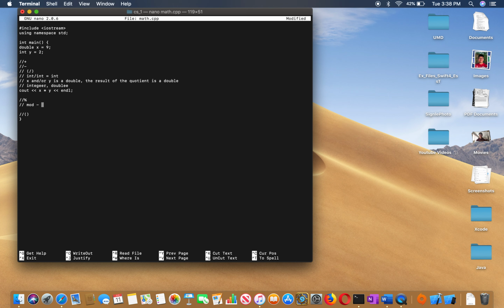And what it means in English terms, the remainder of a quotient. So let's delete this and use mod. So let's do cout x mod y.